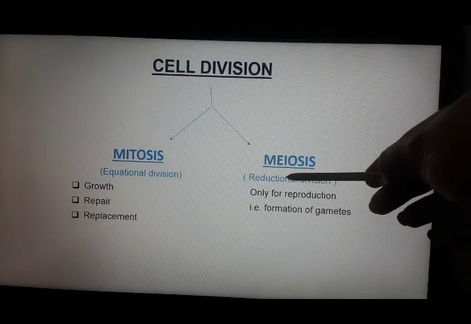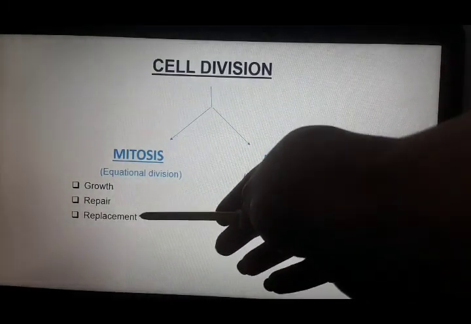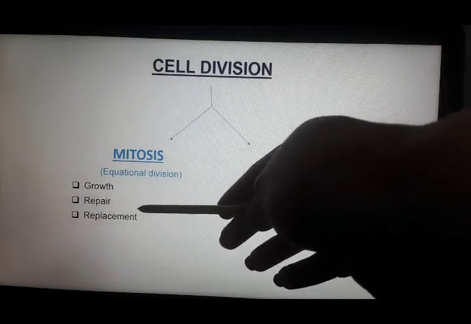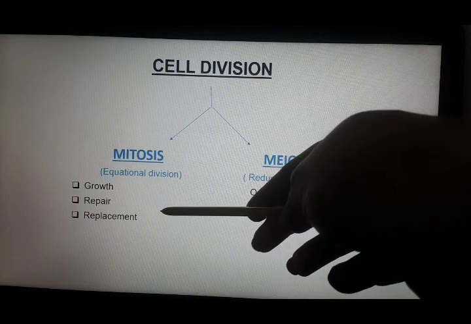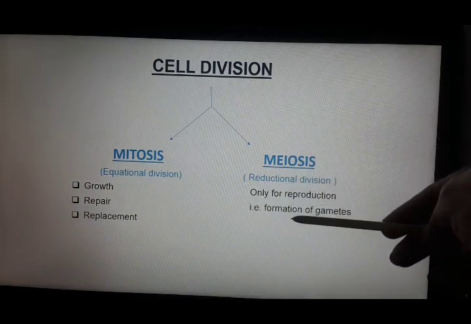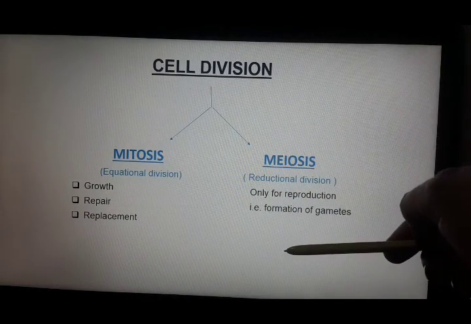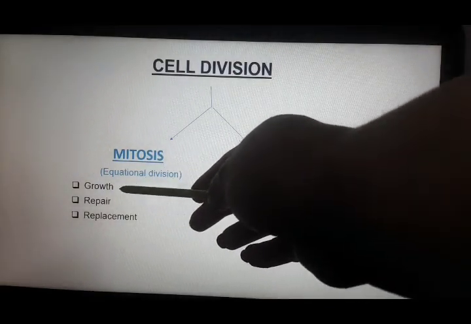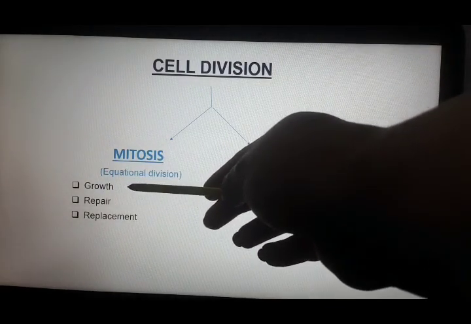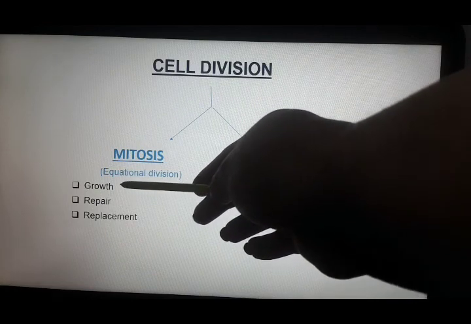I have written here a few more points where you can understand for what purposes mitosis is carried out in the body and for what purpose meiosis is carried out in the body. Mitosis is done whenever your body cell is divided for growth purpose.